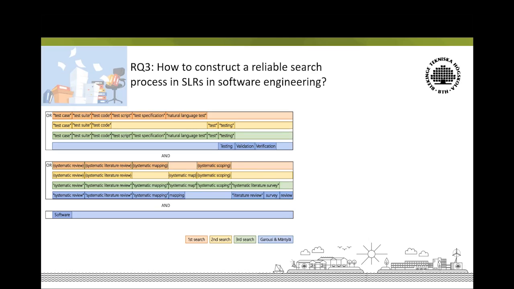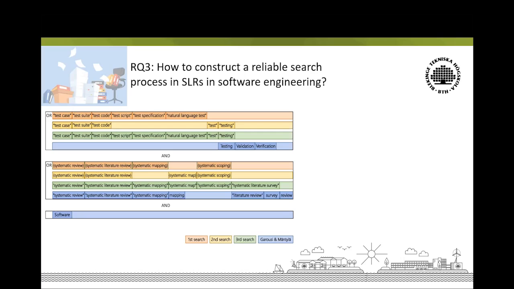So the idea is that if you manage to identify the studies from the quasi-gold standard, then you can be confident that your search results are good enough so that you can proceed with data analysis. And what we did here is that we conducted three searches, and this one is about the other tertiary study that we used to build our quasi-gold standard.